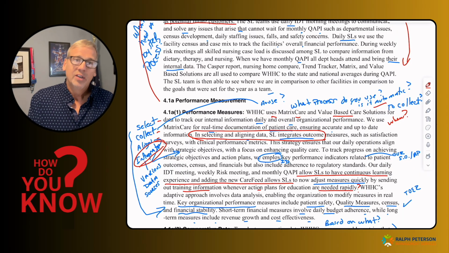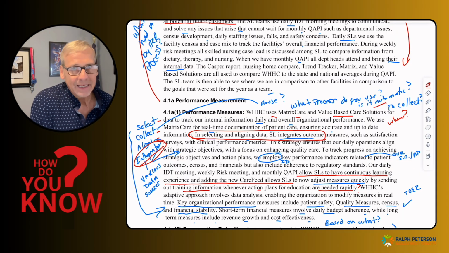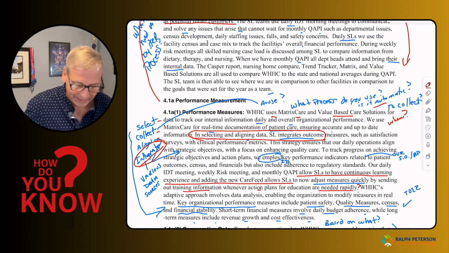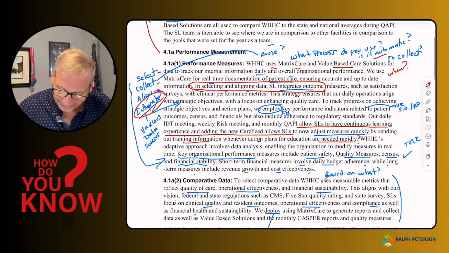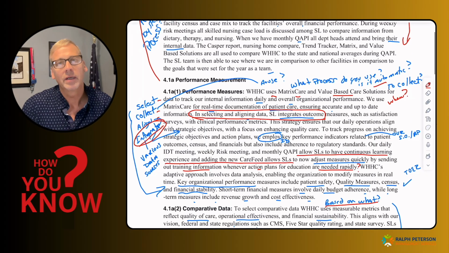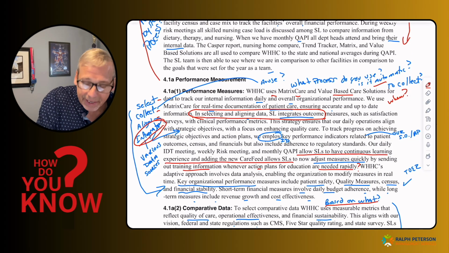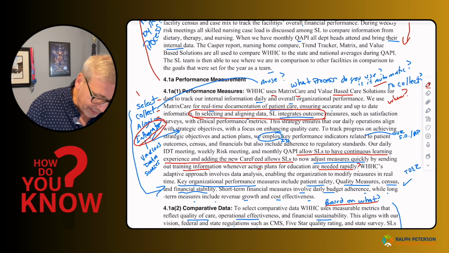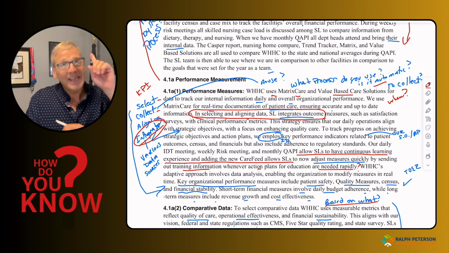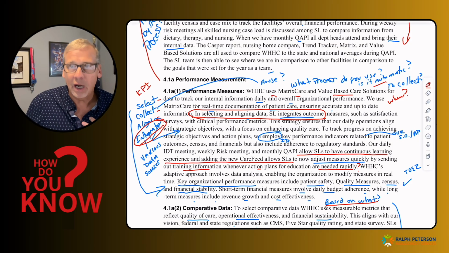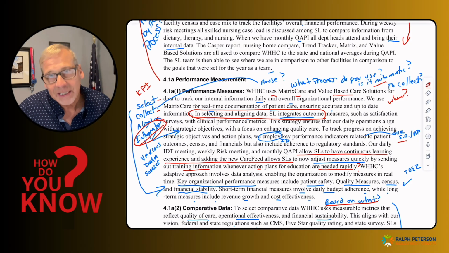When selecting, my question about selecting is, what are you basing it on? And you're probably selecting organizational data from your KPIs. And these KPIs, I am sure, are directly related to your strategic objectives and your action plans.